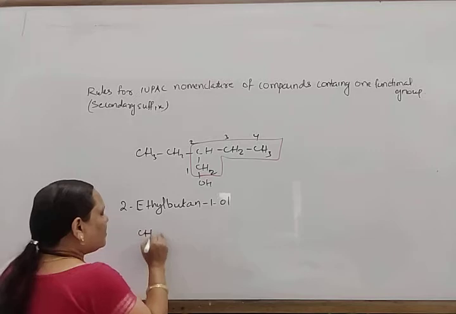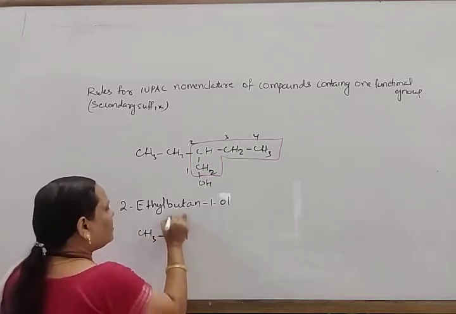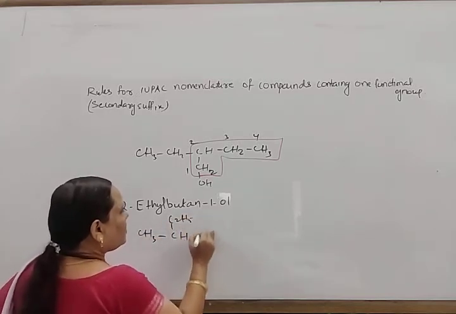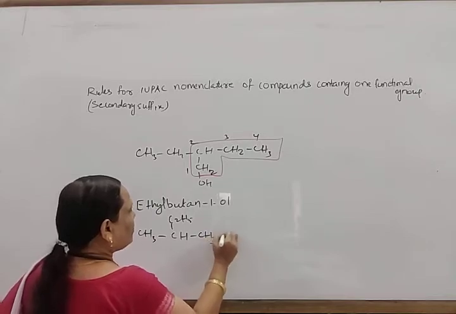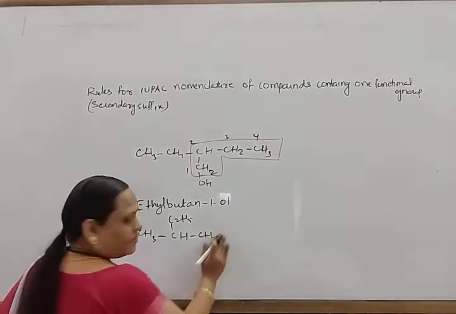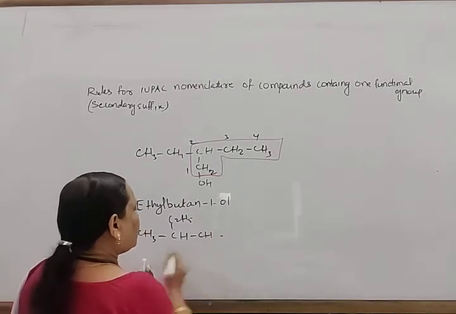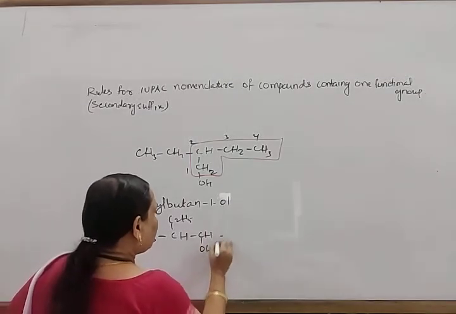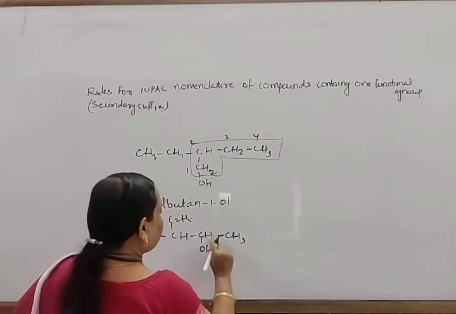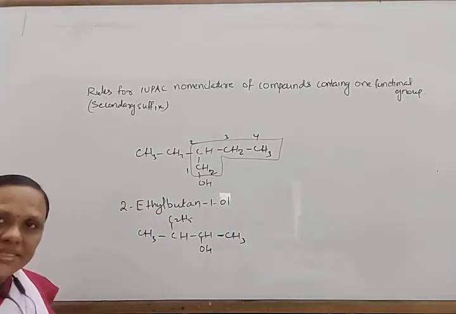Suppose it is given CH3, CH, C2H5, CH3, CH, OH, and CH3. What is the name of this species?